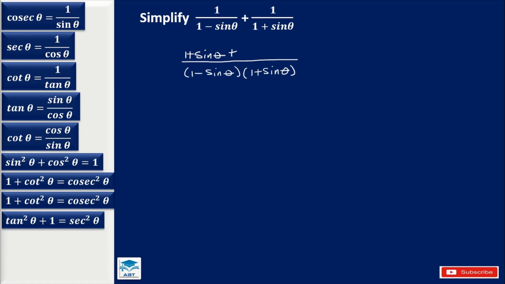Plus, now 1 plus sine theta will also cancel 1 plus sine theta, leaving 1 minus sine theta times 1, and it's still 1 minus sine theta. At the numerator, sine theta minus sine theta is 0, and 1 plus 1 is 2.